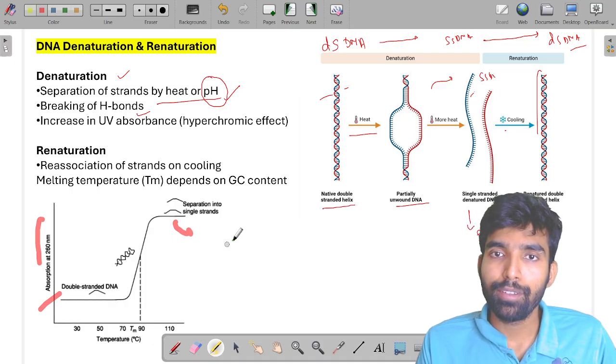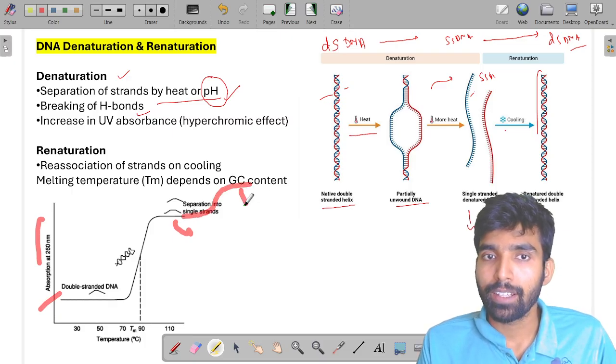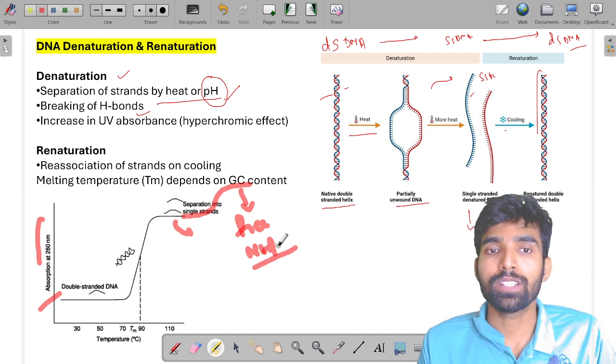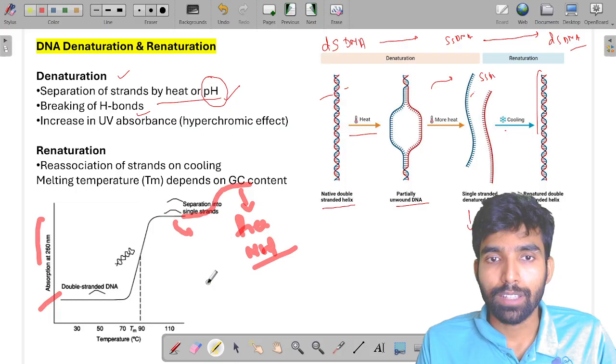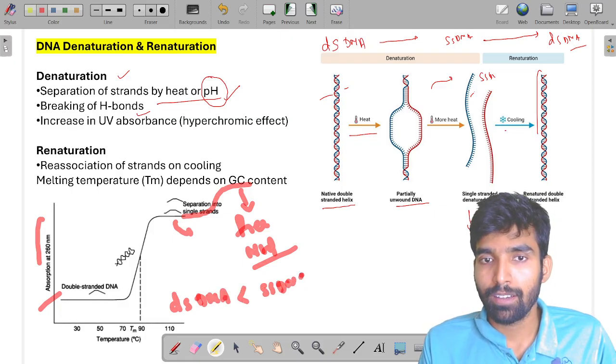And if you break the sugar phosphate backbone as well, as can happen for a free nucleotide, the absorbance will be even more. So if someone asks you about the absorbance order, dsDNA is much less than ssDNA, followed by free nucleotide.